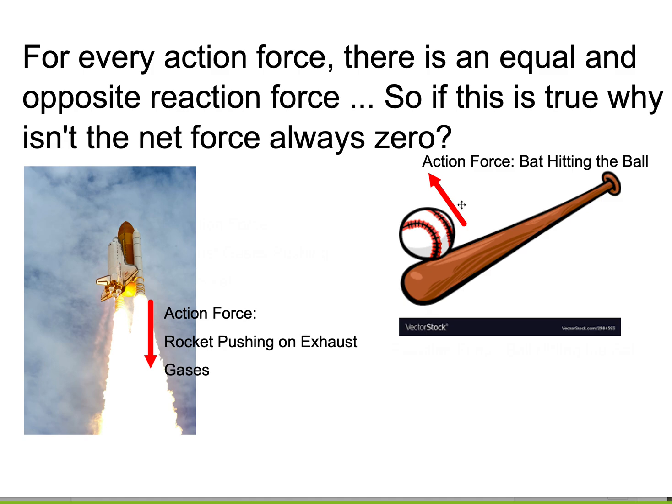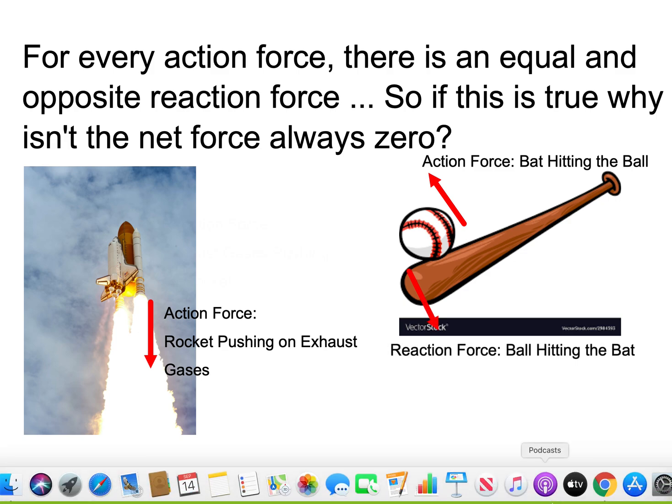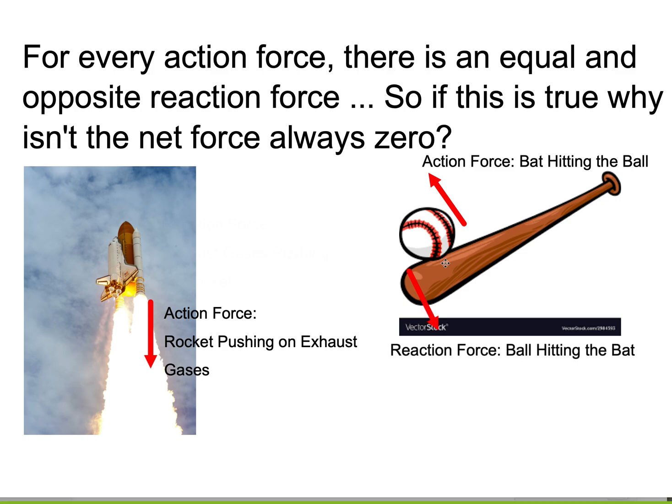The ball bouncing off the bat. Right. The reaction force is going to be the ball actually hitting the bat, right? So the bat's going to hit the ball, force is going to go on the baseball. The reaction force is the ball hitting the bat, and that force is going to push backwards.